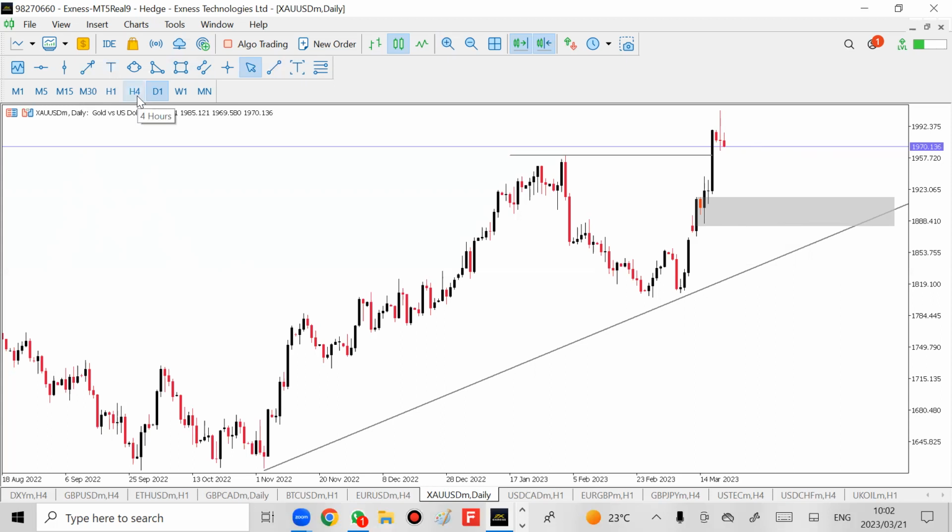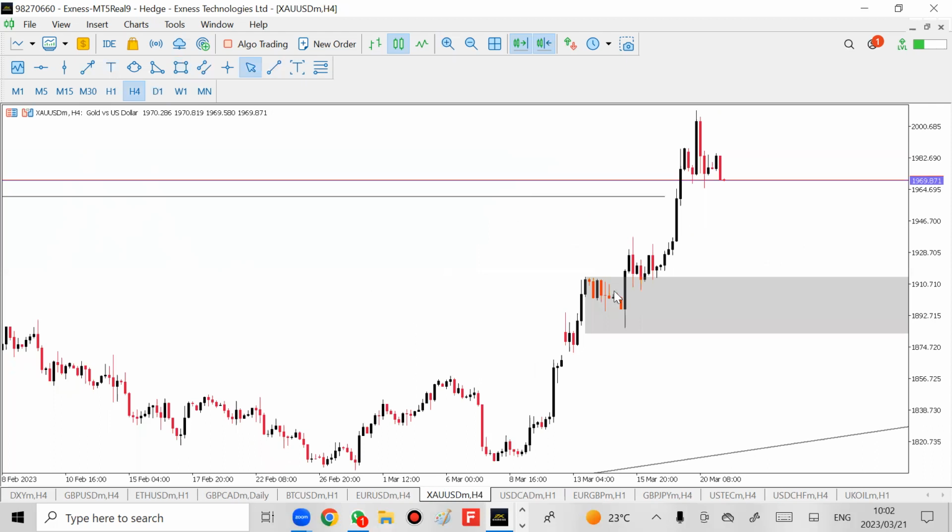Again, what do we do? Go to 4 hours. On 4 hours, what do we do? We refine and we also mark our BMS. We're going to refine our daily order block, which is already plotted there.